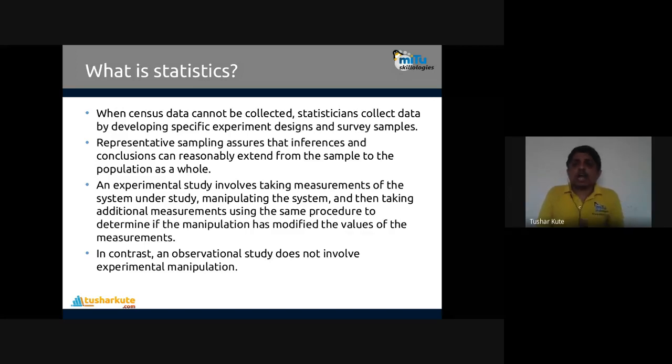But how do they know that this particular party will win and what the exit poll results are? So they are developing a specific experiment design and survey samples. The assumption in statistics is that the property applicable to this sample is applicable to the whole population also. That is the advantage of using statistics.